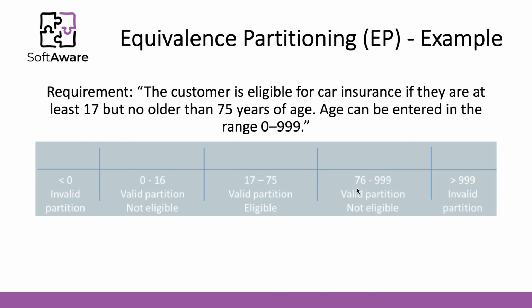The partition from 76 to 999 is also valid, but the person is not eligible. So we have 3 valid partitions and 2 invalid partitions, for a total of 5 partitions.